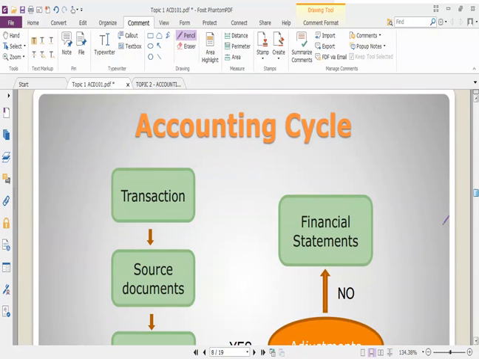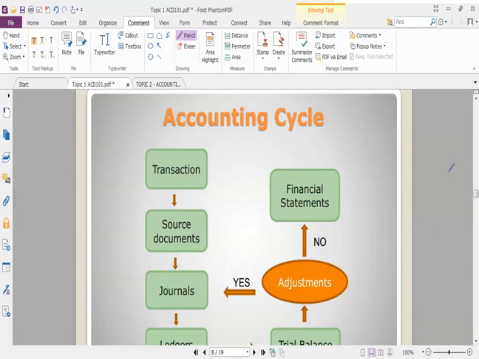This is the accounting cycle, starting with the transaction. A transaction is an act, such as going to the store to buy an item for your restaurant. Then the source document.